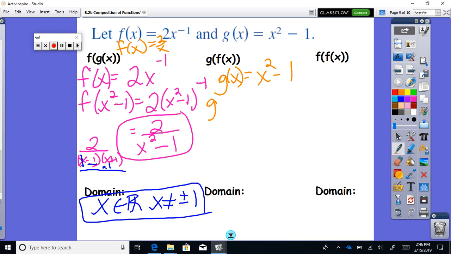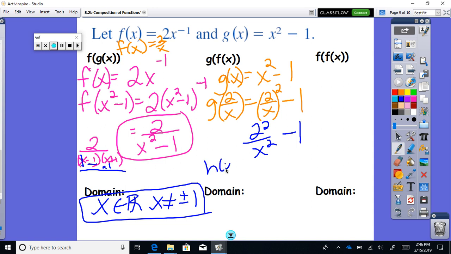So I'm going to replace the x in g of x with 2 over x. So then I have 2 over x for this x, and that's squared. So then remember the quotient rule, square both. So 2 squared over x squared, minus 1. So our new function, we could call it h of x, is going to be equal to 4 over x squared, minus 1.